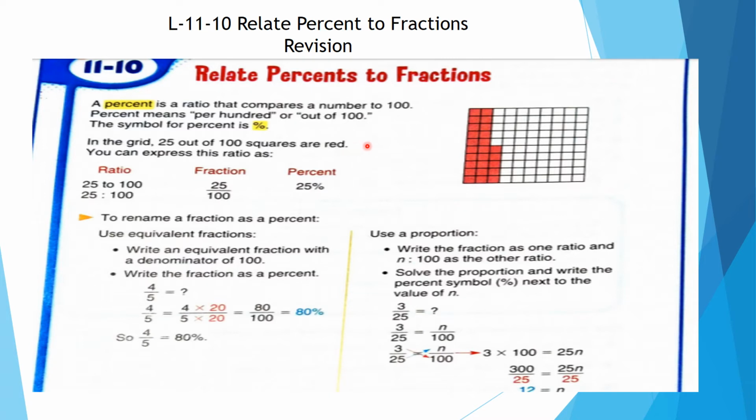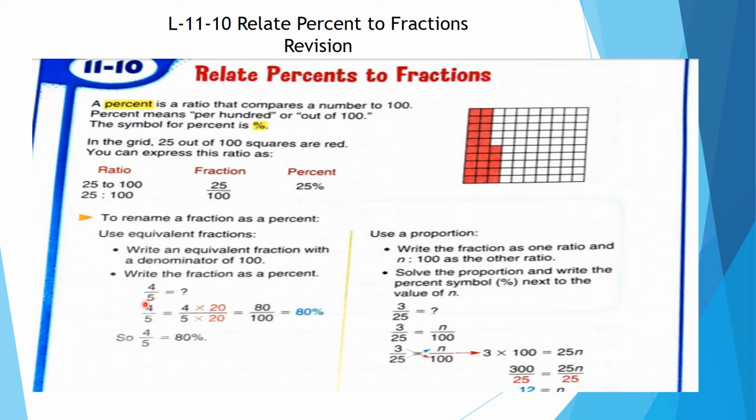Then in this one, fraction as a percent. That means if it is given in fraction form, then you convert it into percent form. Always remember, out of 100 means percent. Your denominator is 5.